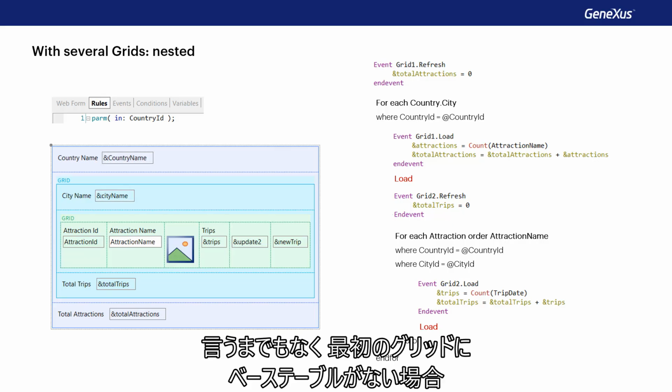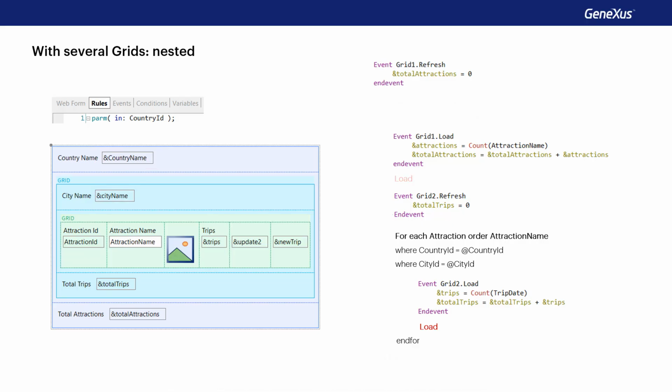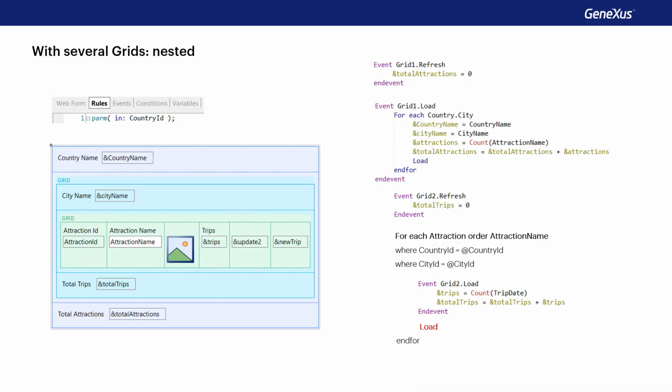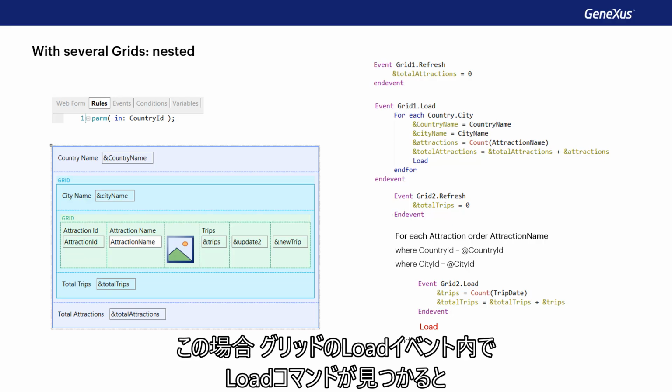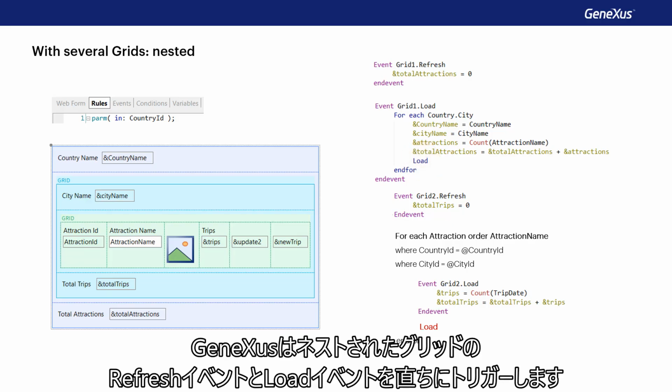Of course, if the first grid had no base table, then the implicit for each disappears, as well as the load command. And we'll have to explicitly write them in the grid's load event. In this case, upon finding the load command inside the grid's load event, because the grids are nested, GeneXus will immediately trigger the refresh and load events of the nested grid.